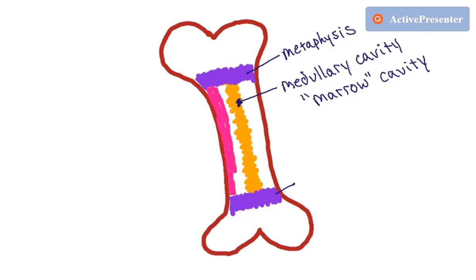You can't really tell my layers from my drawing, but these are in layers that wrap all the way around the bone into the shaft, around the shaft. But inside of there is that medullary cavity, and it's called the marrow cavity because it has yellow bone marrow in it.